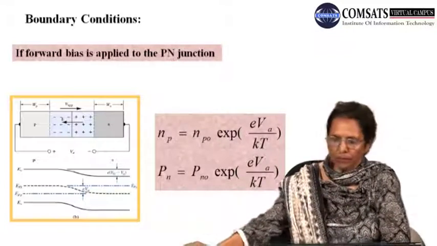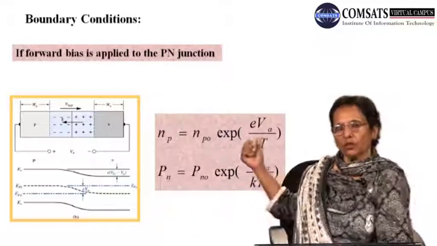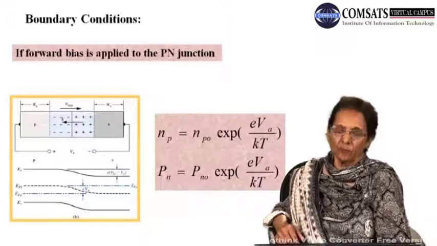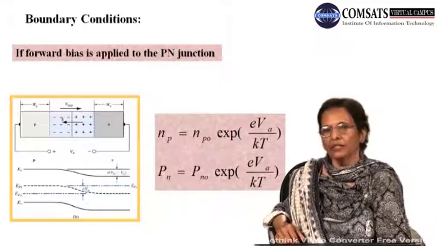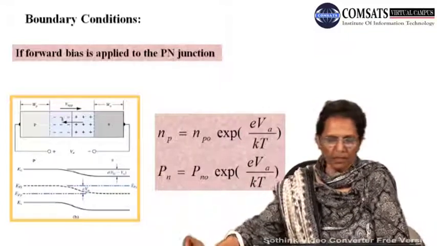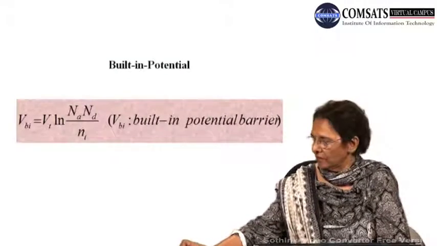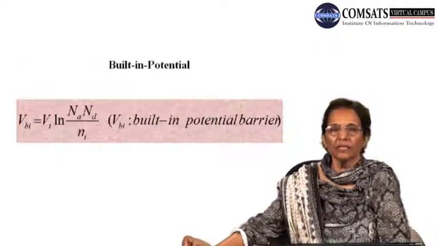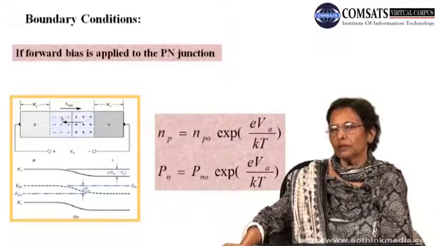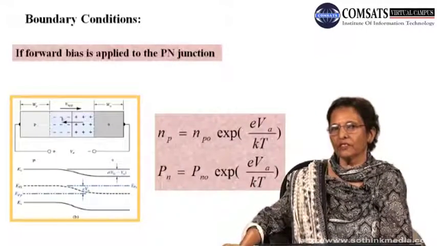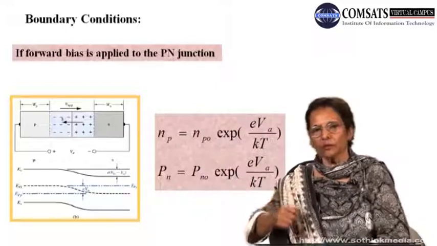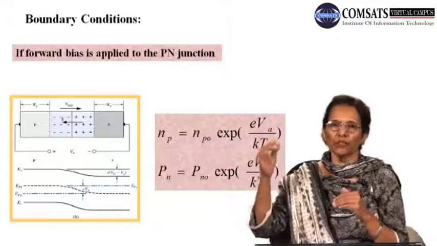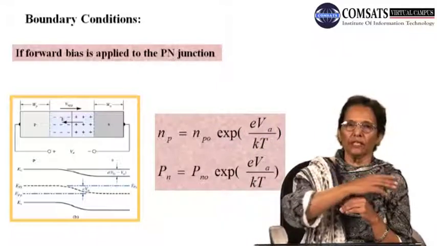So the whole idea of this slide was to give you a flavor of the relationship of the built-in potential, which I had just shown. And after defining this built-in potential, the amount of minority carriers injected into the P region, minority electrons injected into the P region, minority holes injected into the N region.